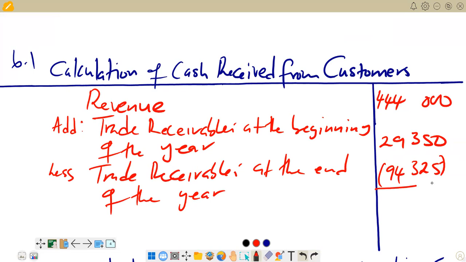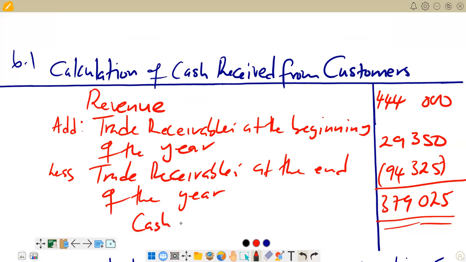Then after that, now we can calculate the cash inflow for the year. This is the final figure. So for the cash inflow for the year, we are now saying 444,000. We add 29,350. Then we subtract 94,325. With that, now we get 379,025.